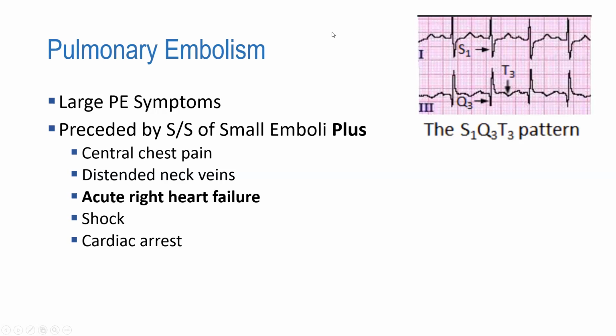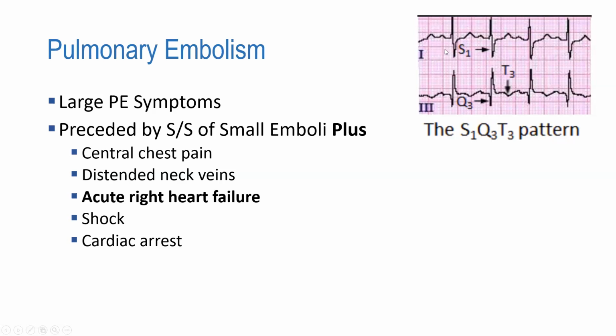on exams, we ask you questions that may or may not be the most representative of your clinical environment. Less than 10% of patients with pulmonary embolism will present with a very particular pattern. That is an S wave. S means it follows the R. So you find the R first, you have a downward wave after the R in lead one. That's abnormal.